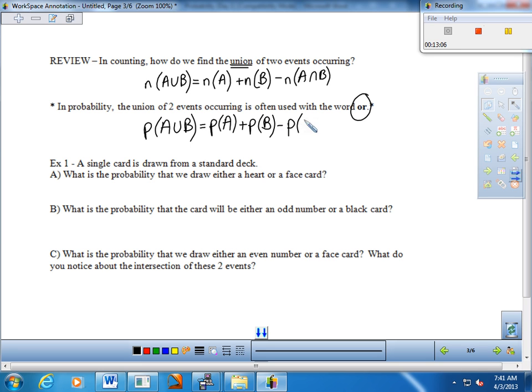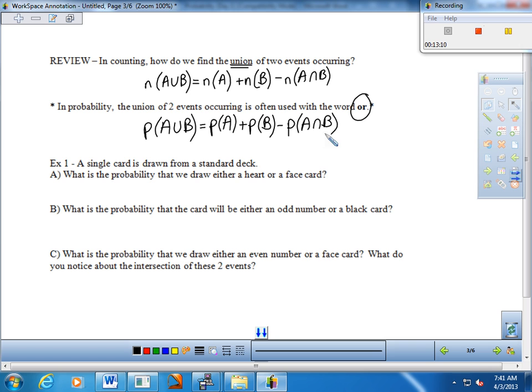We do not want to count things twice in our favorable outcomes. So what we want to do is subtract away the redundancy. And so highlight that if you get an opportunity. And that's what we'll pretty much talk about here today. Or means add. When in probability, or means add. We'll see a different buzzword come up on the next lesson, but for right now, or means add.